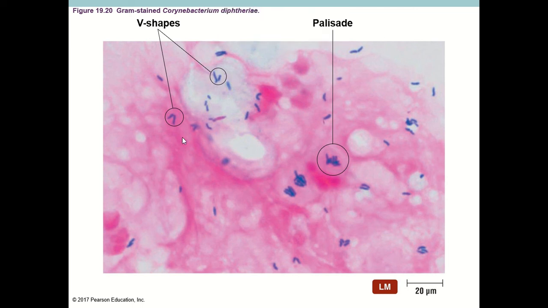So they are gram-positive, as you're looking at here in this diagram, and they divide by a type of bacterial division called snapping division, and they do colonize the skin, respiratory tract, the GI tract, the urinary tract, and the genitals.